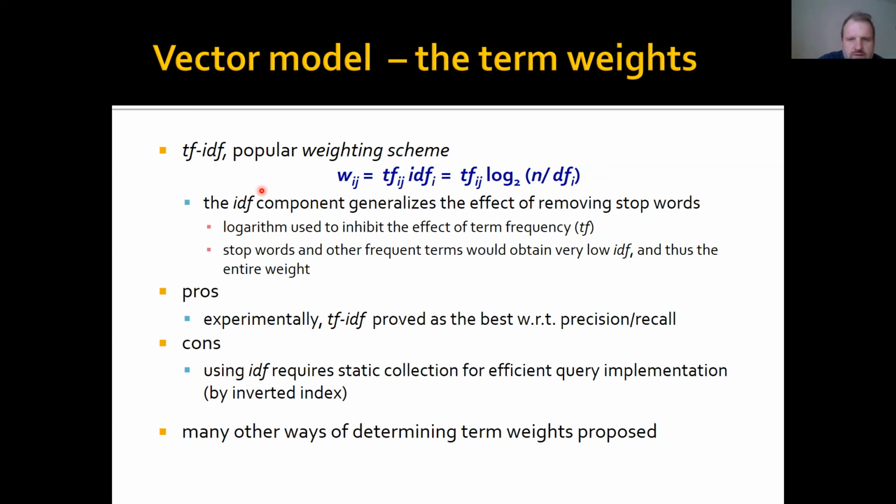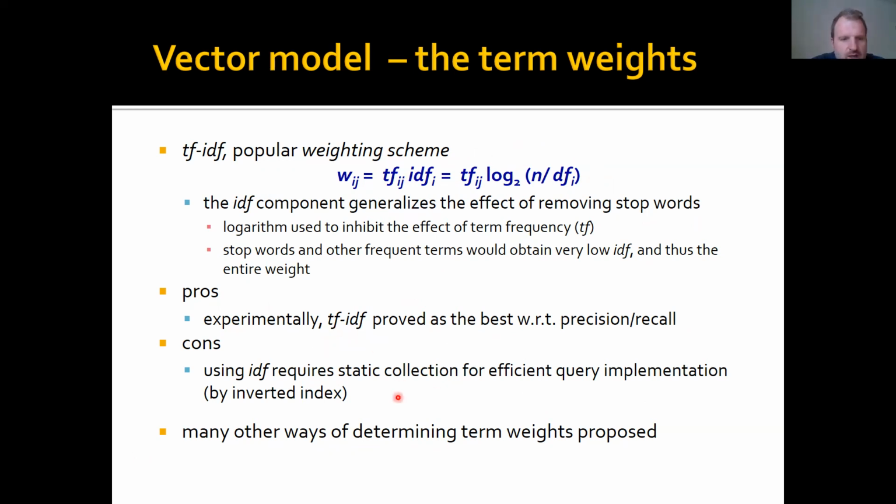So that's why IDF. This combination in experiments proved the best combination of precision and recall in general settings. There are also other ways the weights could be determined, but this is a kind of universal one.